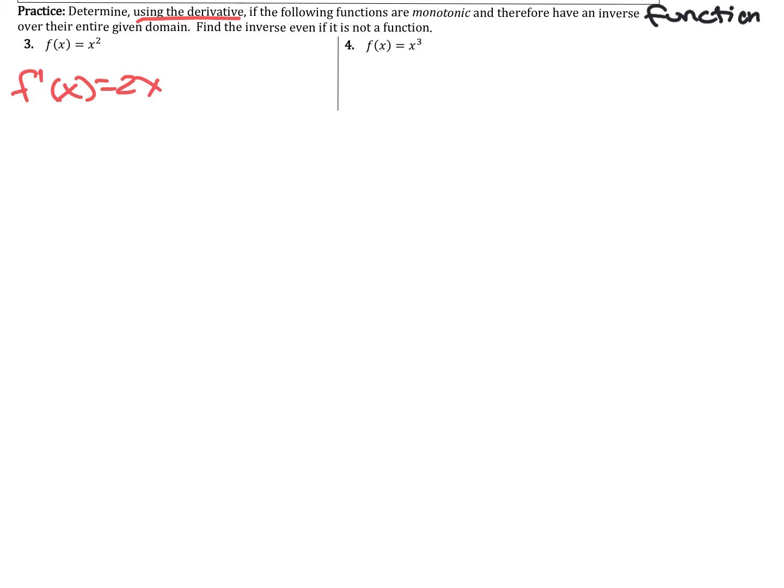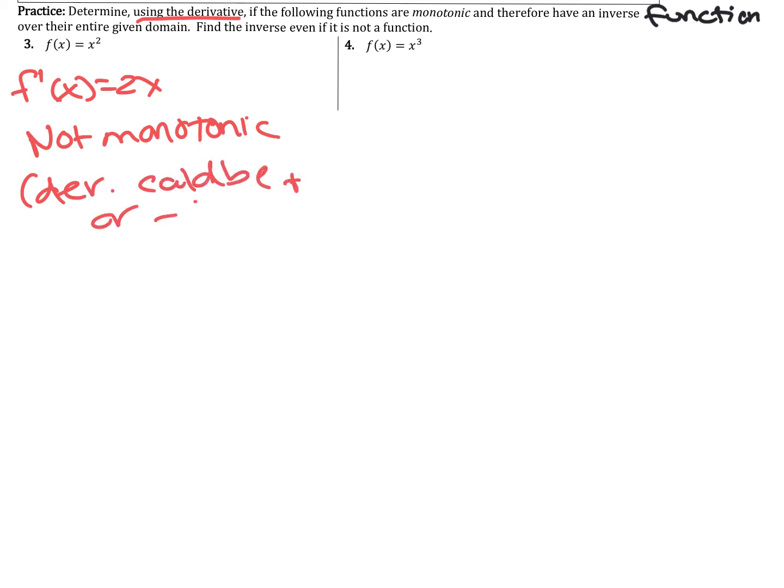If I plug in a positive number, what type of number do I get? Could I ever plug something in to make the derivative be negative? Could I ever plug something in to make the derivative be positive? And the answer here is that this is not monotonic, because the derivative could be positive or negative, depending on what type of number is plugged in.